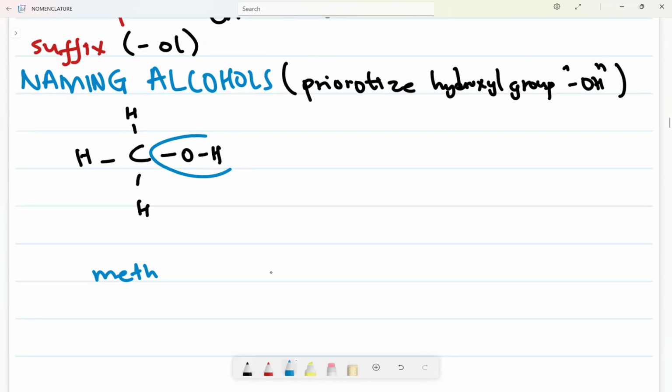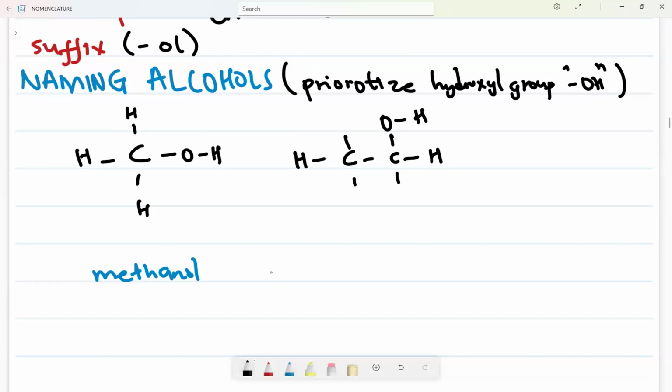This one is found on carbon number 1, but it cannot be found on another carbon, so I'll just say methanol. There's no need to say methan-1-ol. I'll say it is just methanol. Another example, if I have this, I can put OH here.